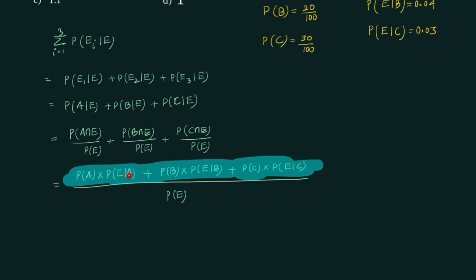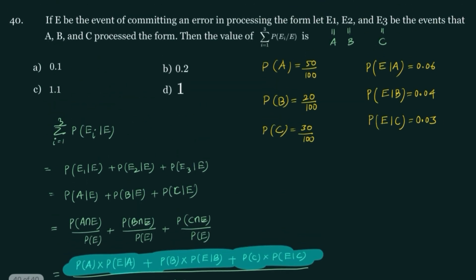So this numerator is actually the total probability for committing an error. That means my numerator is probability of making an error divided by probability of E. Since my numerator and denominator are same, my final answer would be 1. So the correct option for this question was option D.